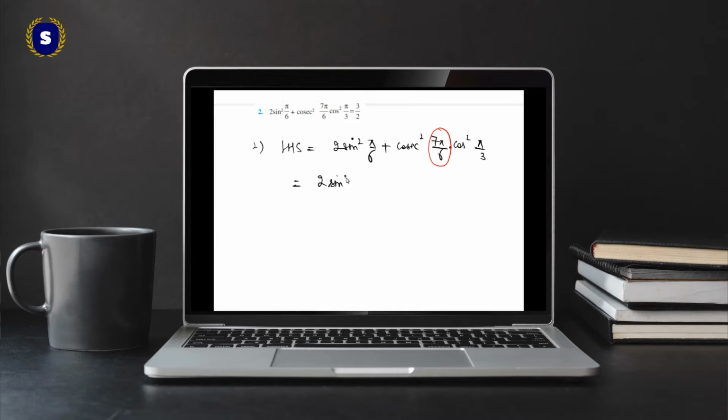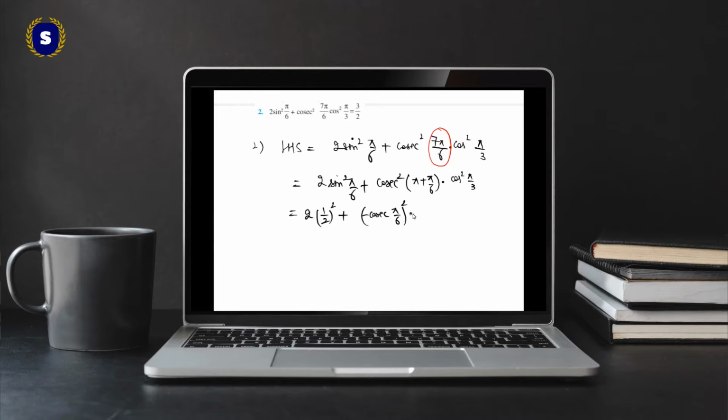2 sine square pi by 6 plus cos square, so we can split this 7 pi by 6 as pi plus pi by 6, into cos square pi by 3. Let's put the values that we know. We already know the value of sine pi by 6 is 1 by 2, so 1 by 2 whole square, plus this cos square pi plus pi by 6 will convert into minus cos pi by 6 whole square, right?